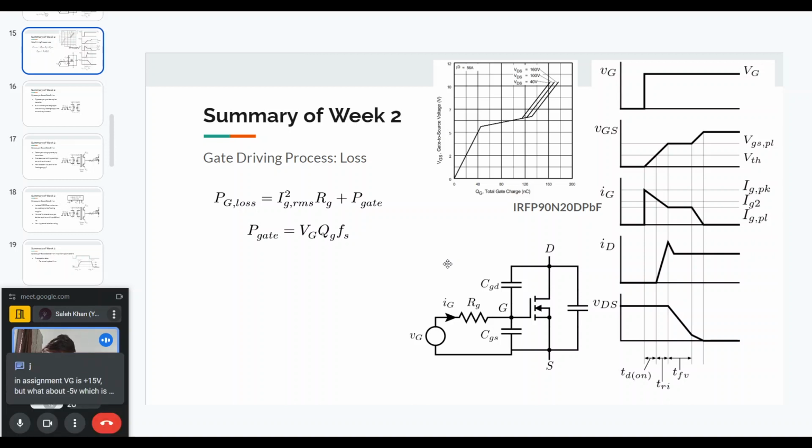The application of optocoupler and gate driver. So can you elaborate the question? What do you mean by the application? You want to know what is the application of optocoupler and gate driver?